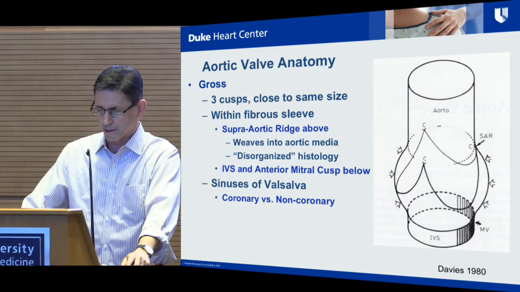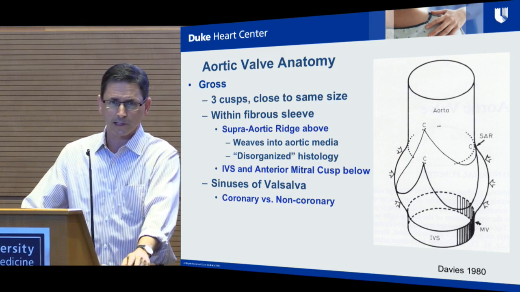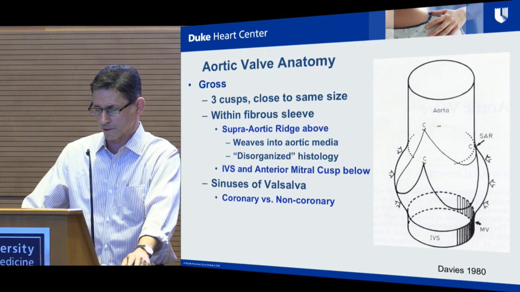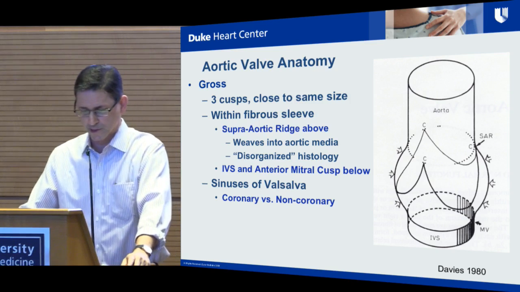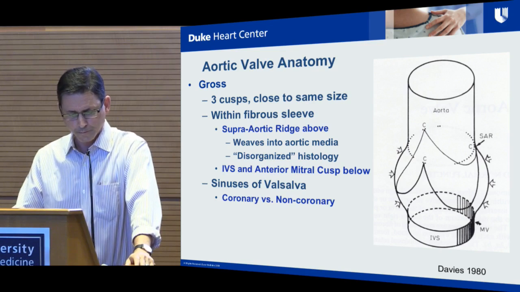But in looking at this anatomy, you can see why it's a really nice target, and it's kind of the way Steph Curry looks at a basket. This is the way an interventional cardiologist would look at a potential site for valve repair.